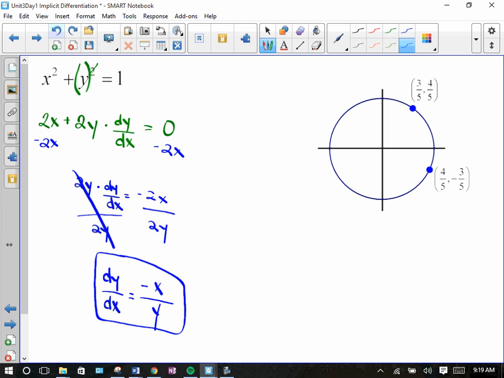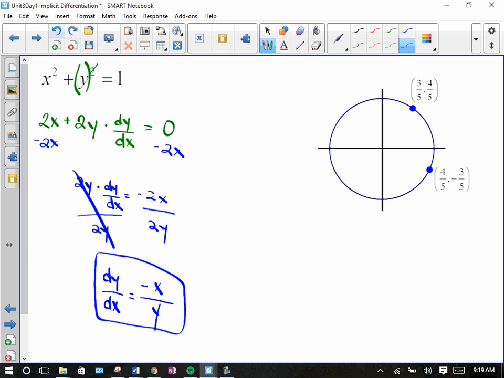Now, up to this point, we've only had one variable in our derivative. It's always been dy dx is equal to something in x. It's always one variable. Well, in this case, we now have two variables, x and y.